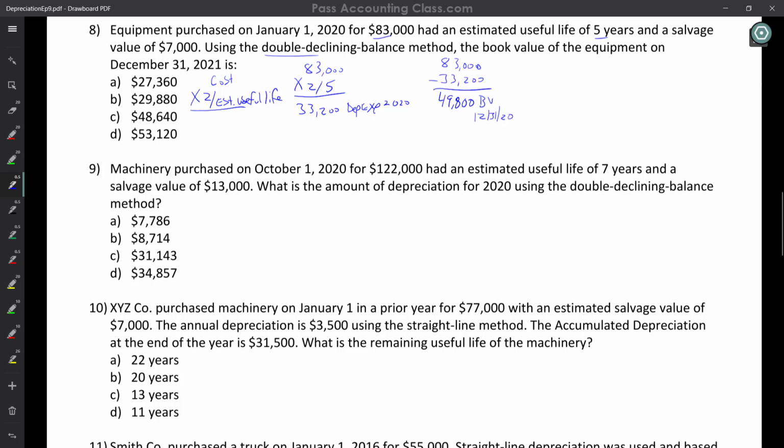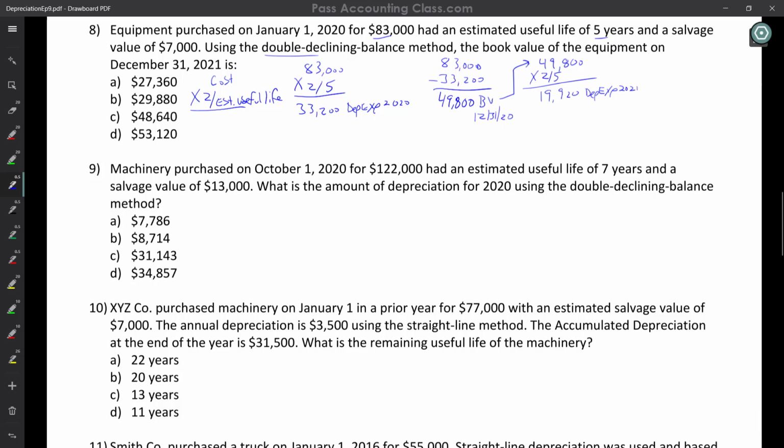Next, what we're going to do is take the book value and just bring it up here. So that's 49,800. We're then going to multiply it by our 2 divided by 5 years. And when we do that, we're going to get 19,920. And that's our depreciation expense for 2021.